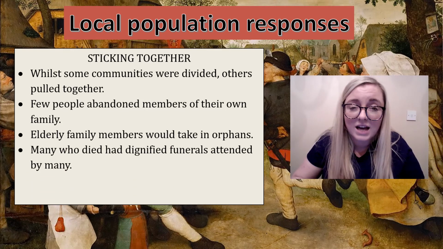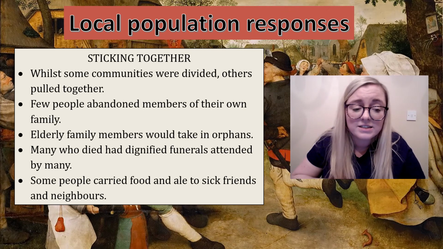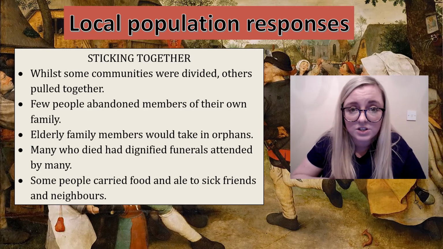And many who had died had very dignified funerals, and they were attended by many of their friends and family. Some people even carried food and ale to sick friends and neighbours to help them in their time of need. So take the opportunity to pause this video, add to your storyboard with 3 or 4 bullet points, and then draw a quick picture.